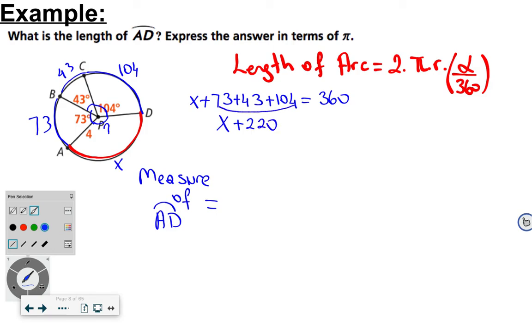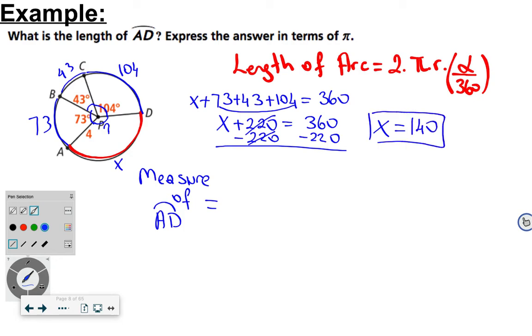So x plus 220 is equal to 360. To be able to find x, subtract 220 from both sides, then you will get x is equal to 140. So this is the measure of arc AD, 140.